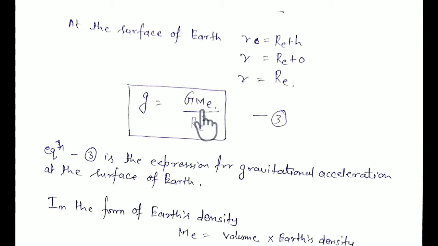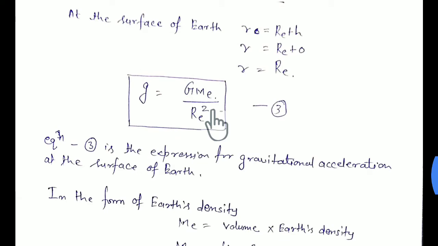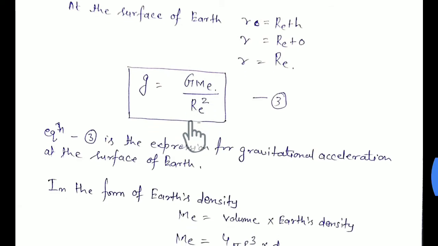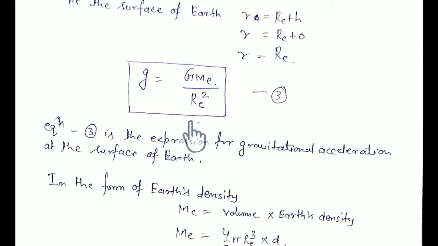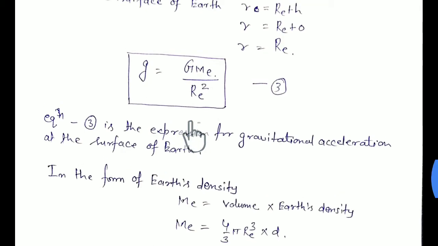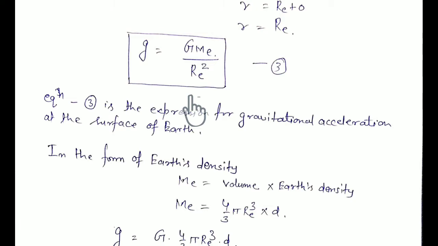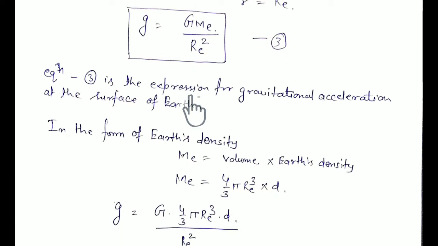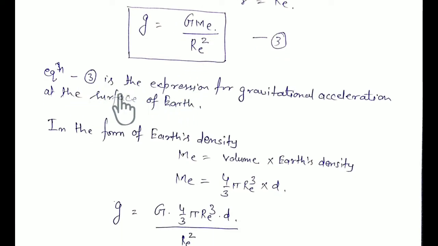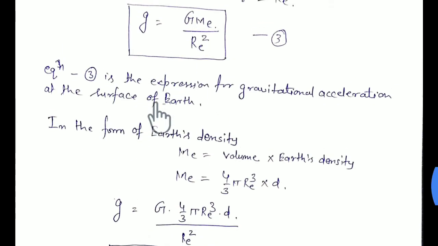Me is the mass of earth, which is of the order of 10 raised to 24 kilograms, and Re is the earth's radius, which is about 6400 kilometers. So by putting all these values, we can find out the value of small g at the earth's surface. From equation 3, this is the expression for small g at the surface of earth.